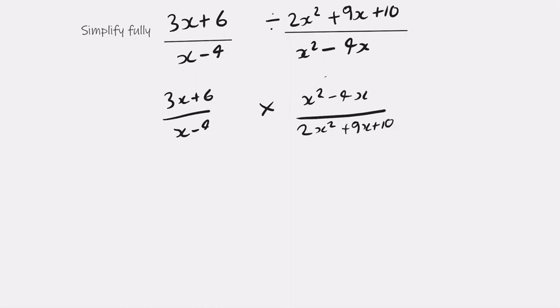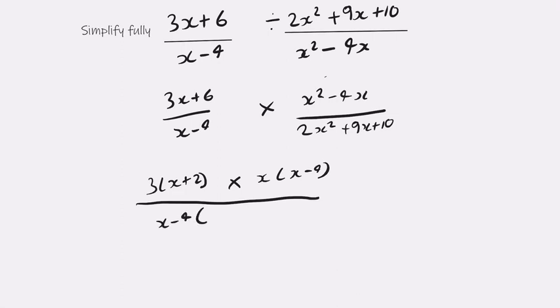Now we try to factorize as much as possible. The 3x plus 6 could be 3 brackets x plus 2, and x squared minus 4x could be x brackets x minus 4. We divide that all by x minus 4, and we factorize the other part, the 2x squared plus 9x plus 10, which would be 2x plus 5, x plus 2.